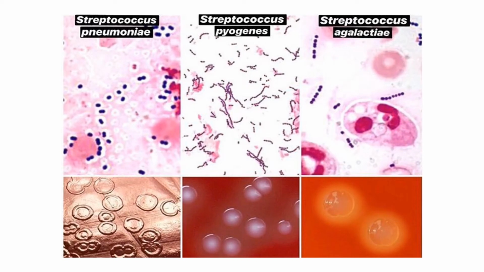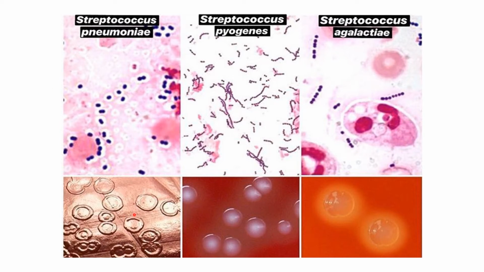Okay. So next, we have here different species of Streptococcus, but take note, Streptococcus are actually Diplococcus. The previous name actually was Diplococcus pneumoniae, but later they changed it into Streptococcus pneumoniae.